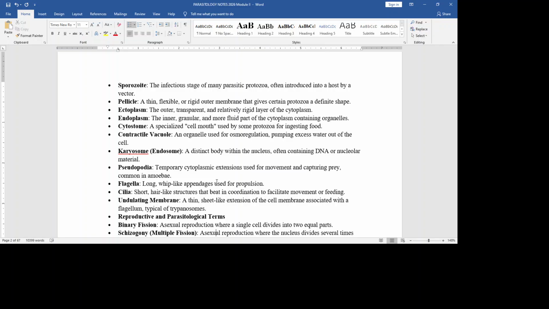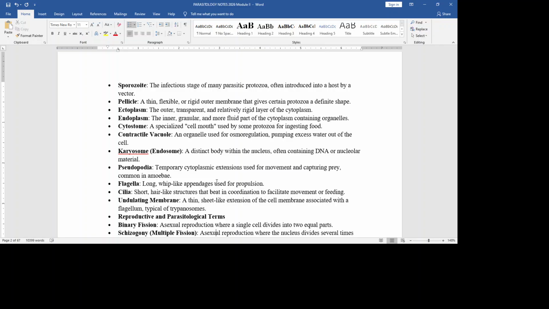And these are common in the amoeba. Then we have the flagella, which are long, whip-like appendages, which are used for propulsion, and we're going to see in a moment where they are found.